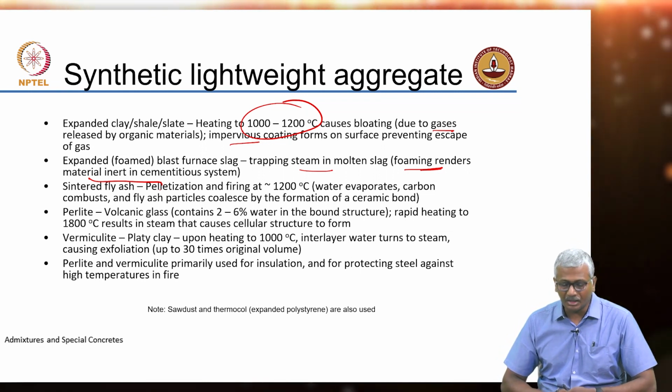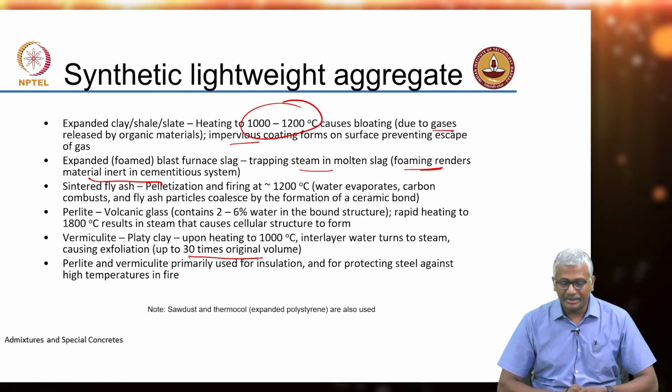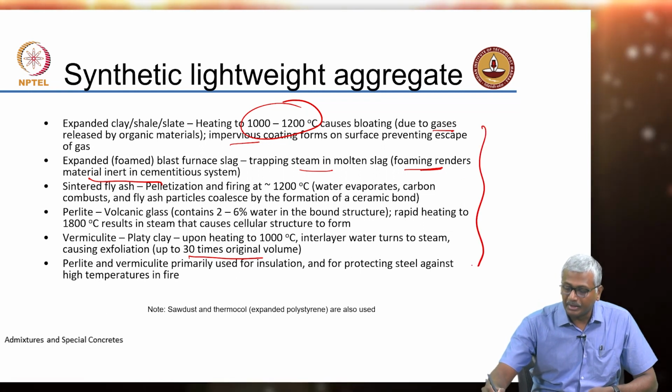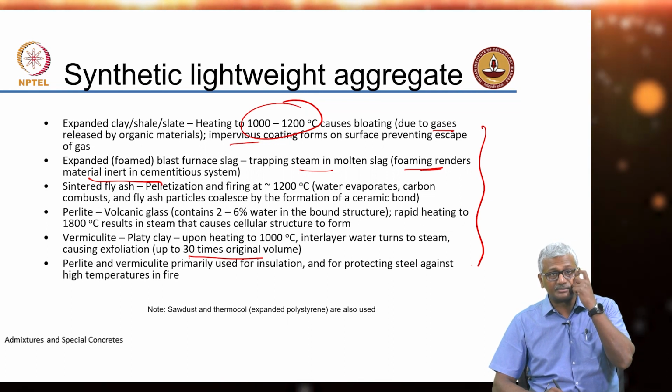Up to 30 times the original volume can be obtained by doing this process of heating to 1000 degrees Celsius. So, as you primarily see, all of these systems are formed by supplying a significant amount of energy to heat.